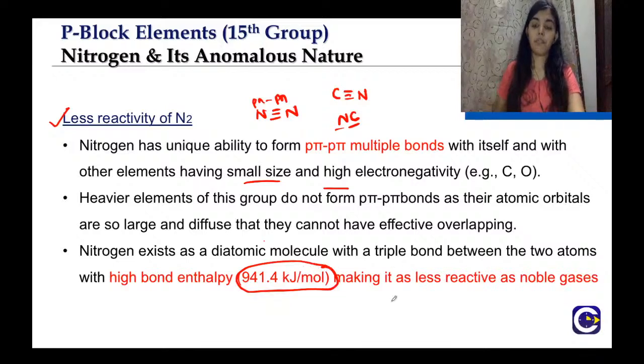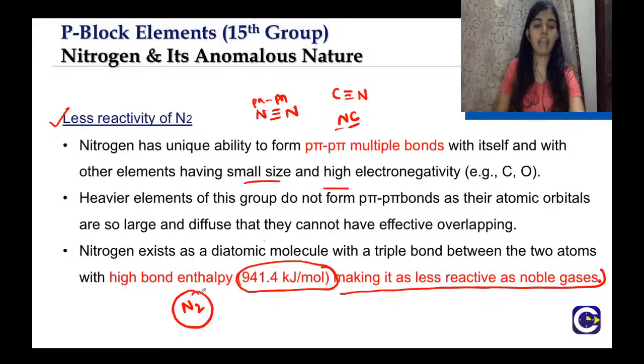Which makes it as unreactive as the noble gases. We know that noble gases are very inert in nature. Similarly, N2 gas is very stable in itself, and therefore in organic chemistry also, N2 is a very good leaving group because it is stable in itself. Okay.